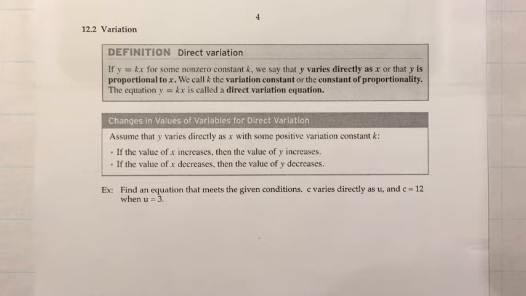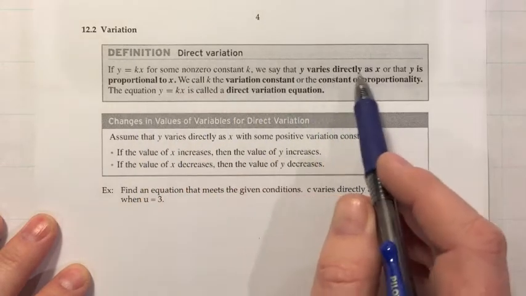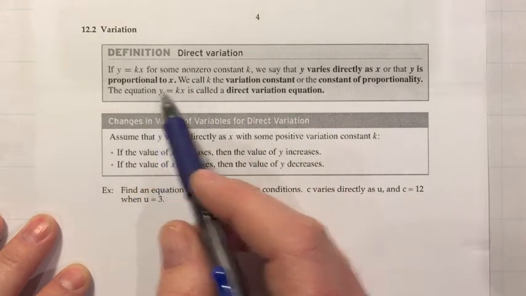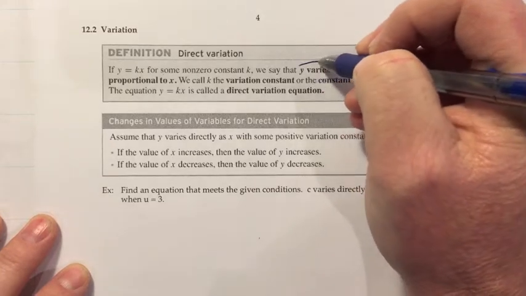So let's go ahead and start off with the definition, direct variation. If y equals k times x for some non-zero constant k, then we say that y varies directly as x, or that y is proportional to x. So right away you see that idea that varying directly is related to being proportional, but the key thing is this translation.